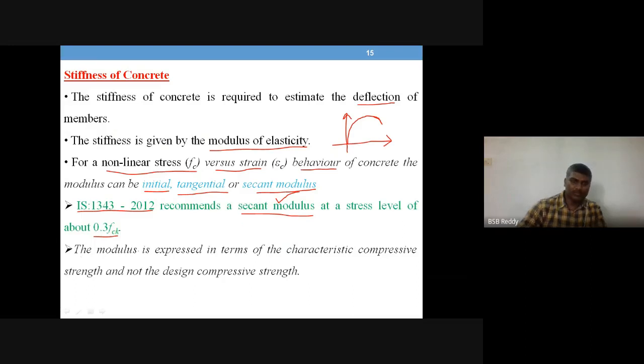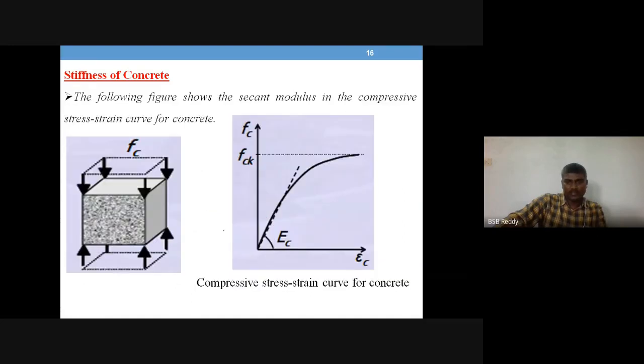So modulus is expressed in terms of characteristic compressive strength, not the design compressive strength. We will estimate the Young's modulus of concrete in terms of FCK only.